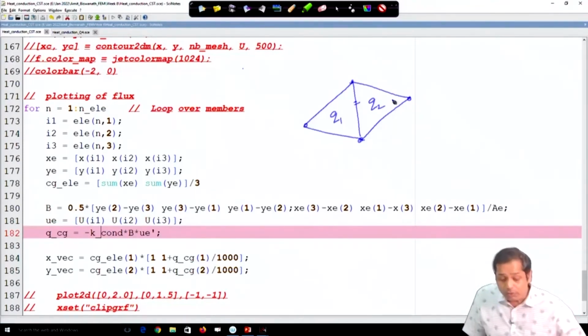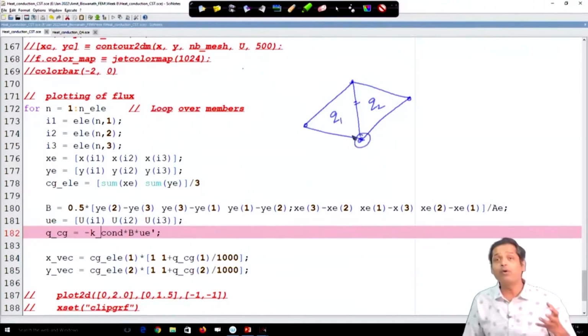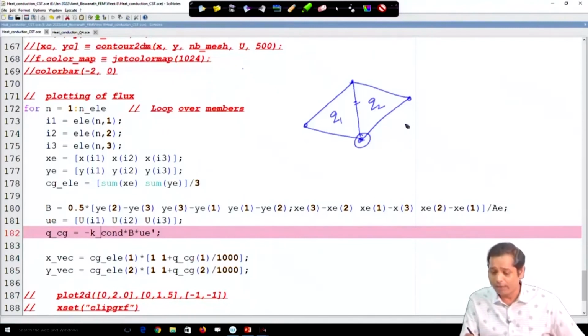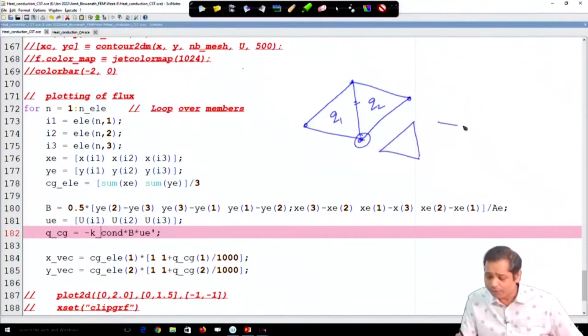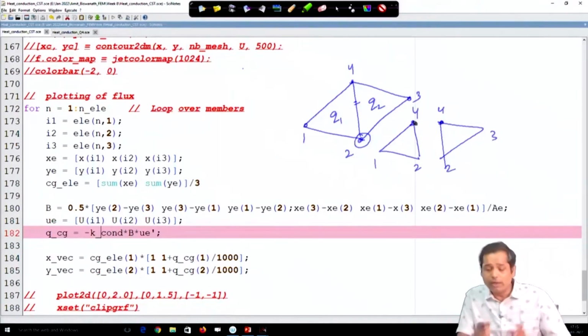So we will not calculate the flux term at the nodal point. Suppose these are node numbers 1, 2, 3 and 4. Node number 4 is in element number 2, and node number 4 is also in element number 1.